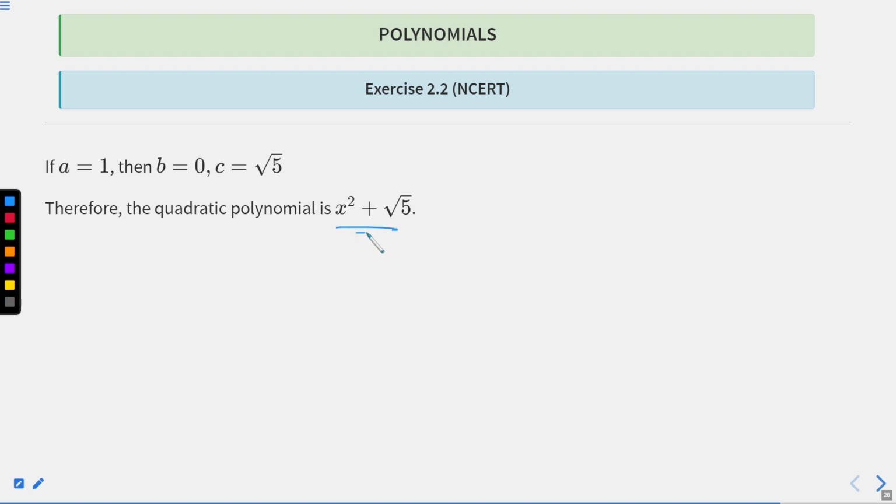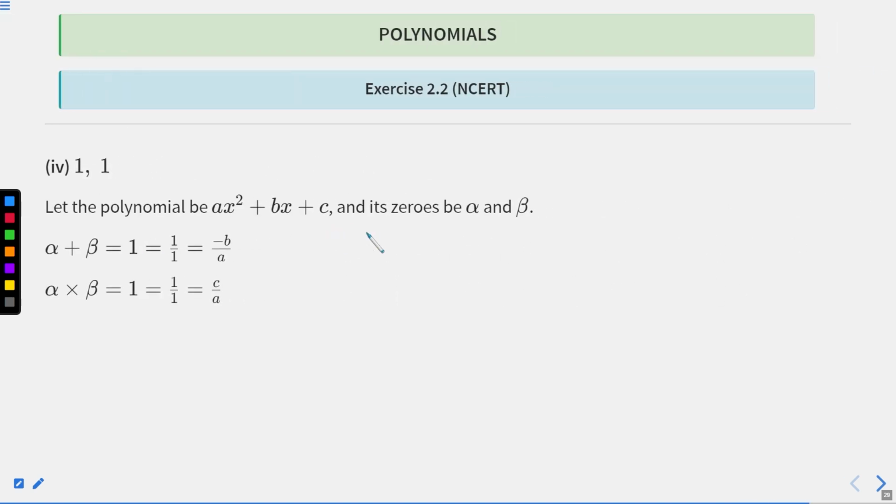Okay, now move to question number 4. So in question number 4 we have given the sum of its zeros is 1 and the product of its zeros is also 1. Okay, so here we first let the polynomial be ax square plus bx plus c and its zeros be alpha and beta. Okay, so now the sum of its zeros, that is alpha plus beta, is equal to 1, and you can write this as 1/1 and this is equal to minus b upon a.